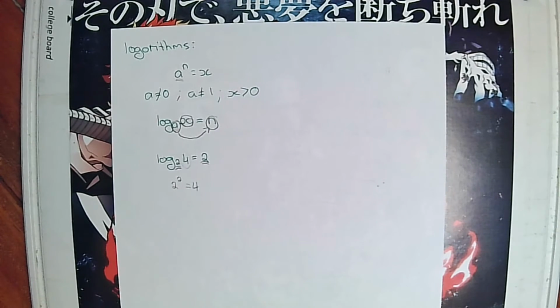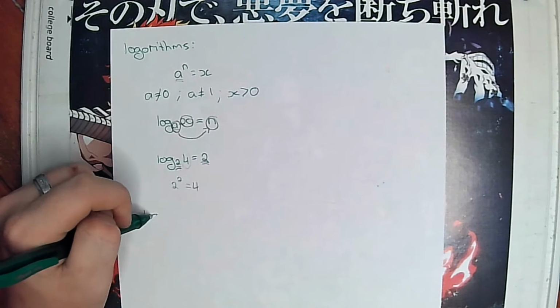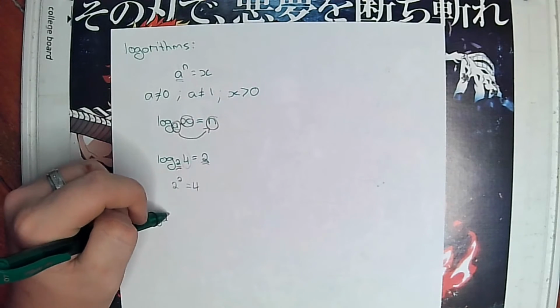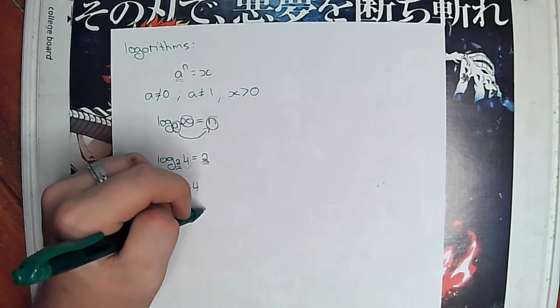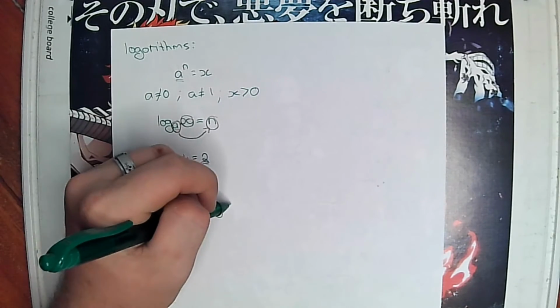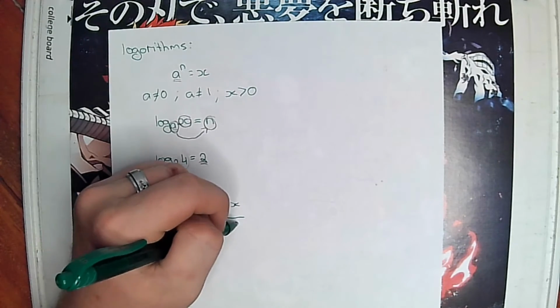Now, that being said, we sometimes have the necessity in mathematics to write a log of a certain base as a log of another base. There's a rule that describes this: log base a of x can be rewritten as log base b of x over log base b of a.